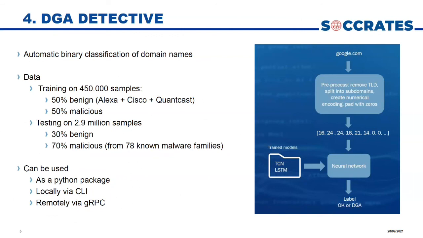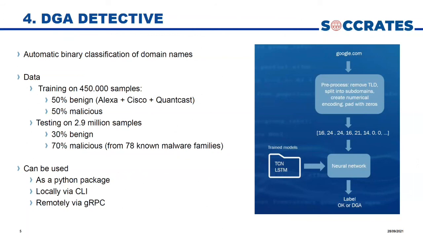If you look on the right side, there's this blue diagram. This is how you can imagine the workflow of what the network actually does. You have a domain coming in, and in the beginning, a small pre-processing step is applied. In that step, the top-level domain is removed, so in this case the .com will be stripped out. Then the letters and the symbols in the domain name are encoded to numbers.